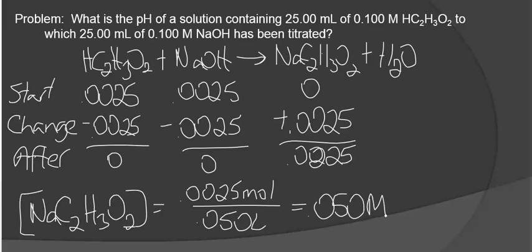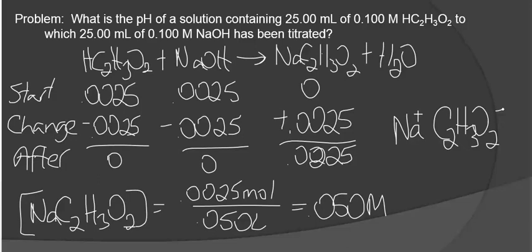Now the salt, when put in water, breaks apart into Na+ and acetate ion. Na+ comes from NaOH. NaOH is a strong base, so that means Na+ is weak. Acetate comes from acetic acid, which is a weak acid, so this ion is a strong base, and it will react with water.